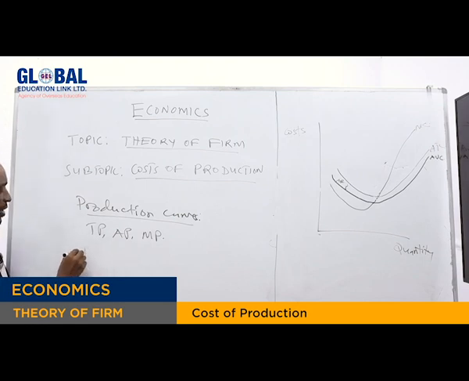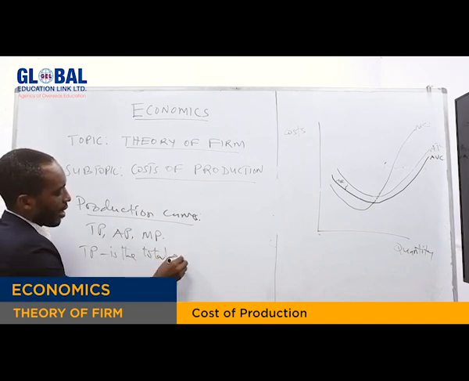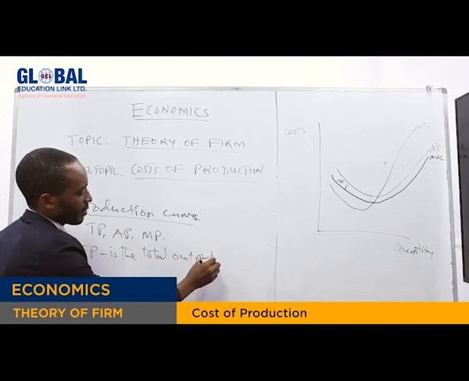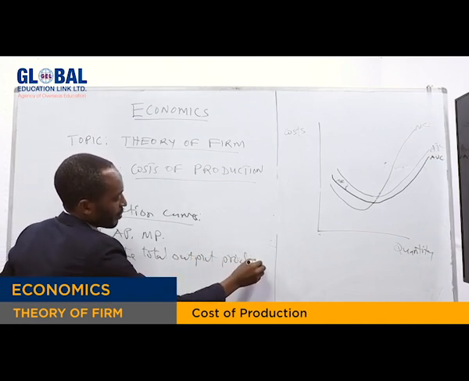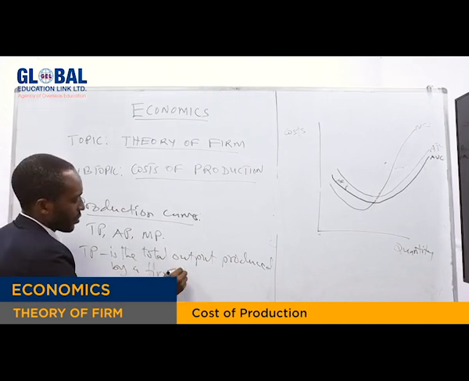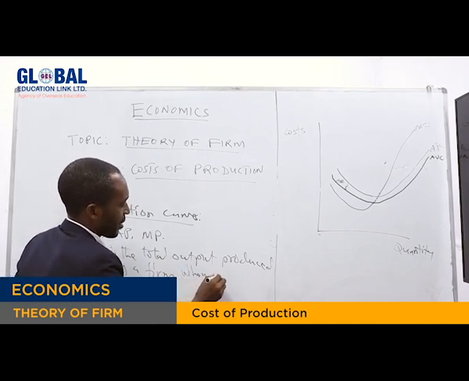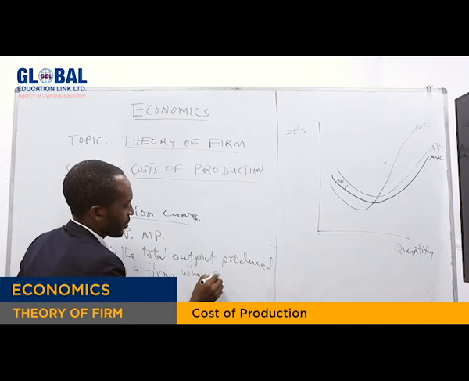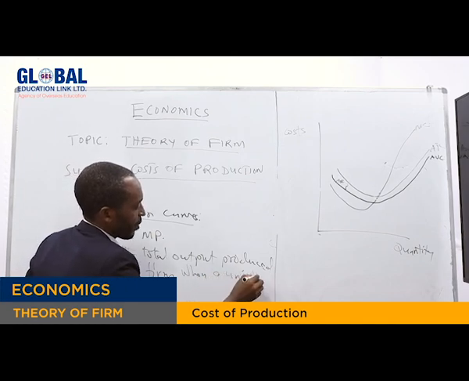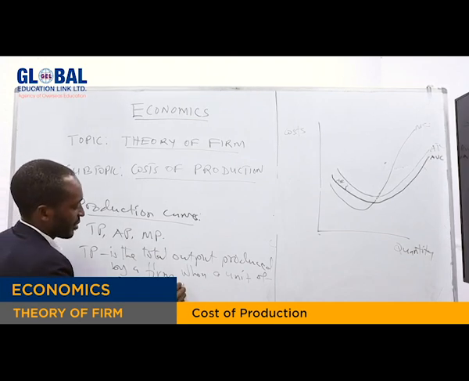We know that total product is the total output produced by a firm when a unit of inputs is employed.